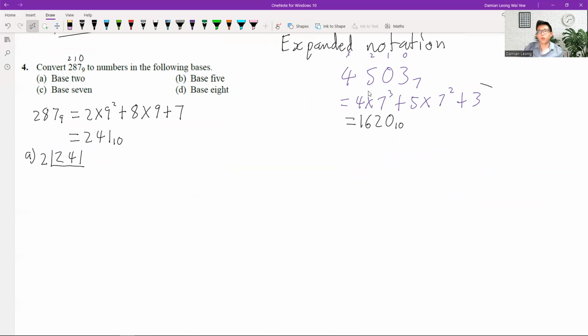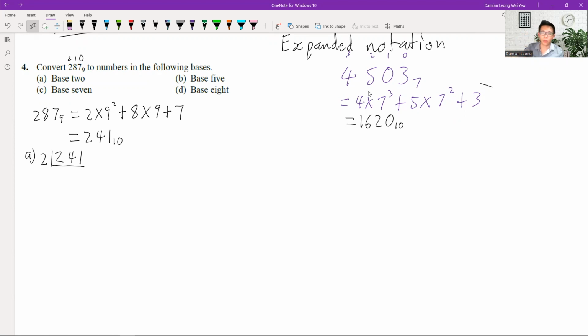If you just take 241 divided by 2, the exact value is 120.5. But I don't want it in decimals. What I want is the whole number and then the remainder. I don't divide it completely. I divide and leave the remainder behind.